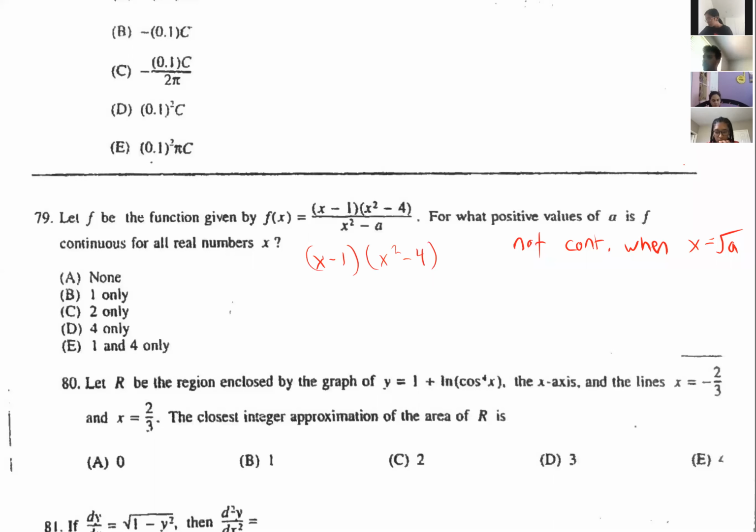Let's see what happens if A is 1. You have x plus 1, x minus 1, and the x minus 1's cancel out, and you'd have a hole at 1. Yeah, so 1 would cause a hole.